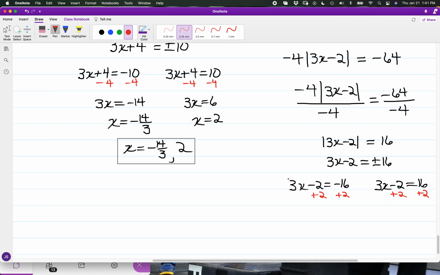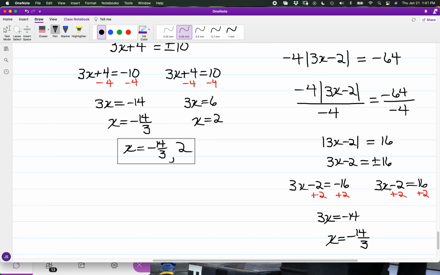Adding 2 to both sides, we have that 3x is equal to negative 14, and dividing by 3, we have x equal to negative 14 thirds.